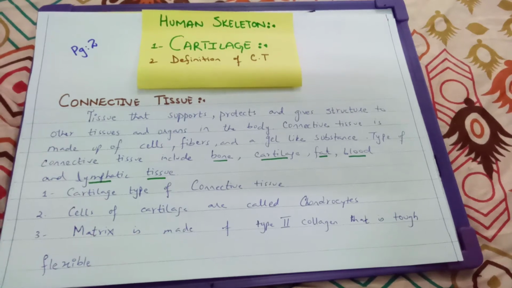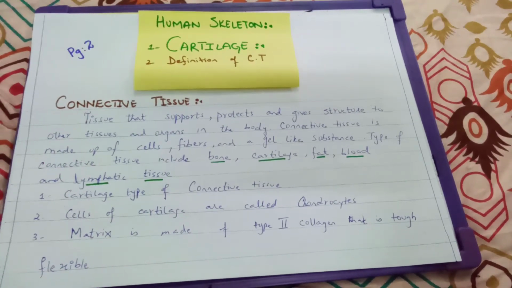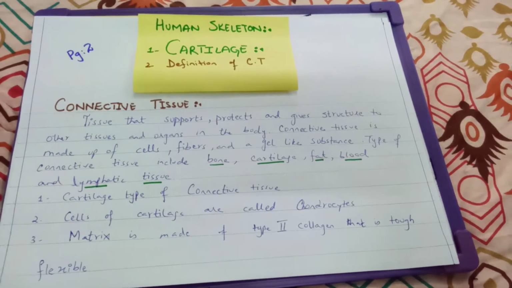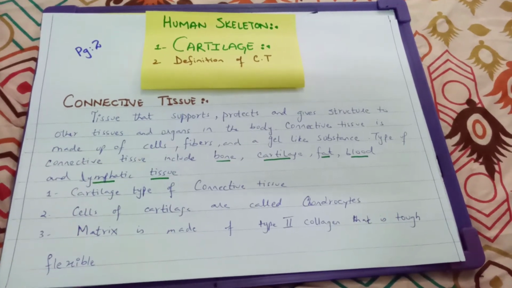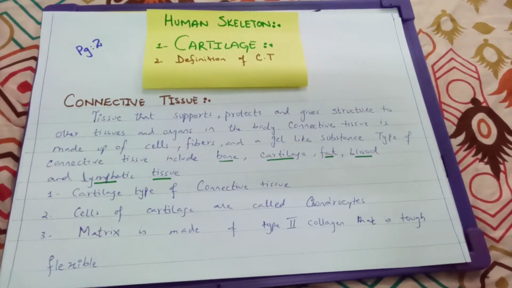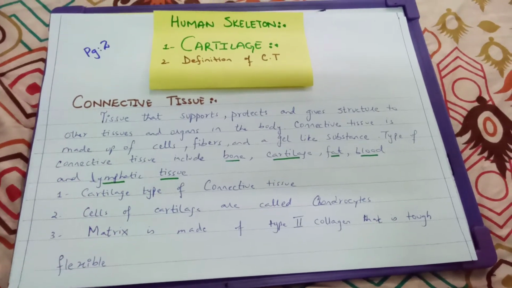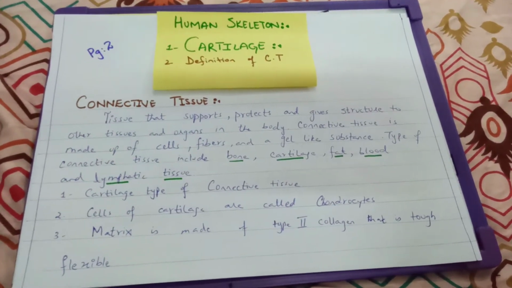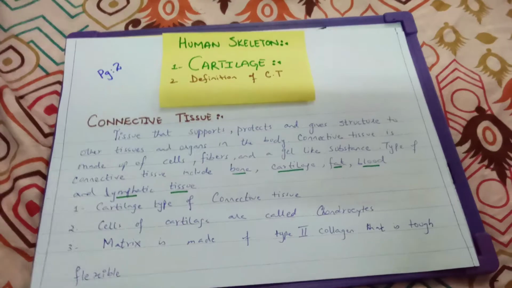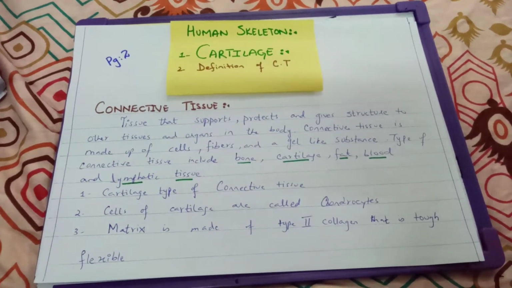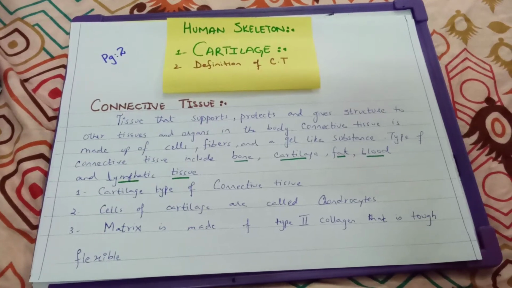Now, what is cartilage? Cartilage is a type of connective tissue which is made of collagen type 2 protein, and it has a ground substance as well. So the cartilage is made of two things: matrix and cells. The cells of cartilage are called chondrocytes, and collagen, which is a protein, makes the ground substance.